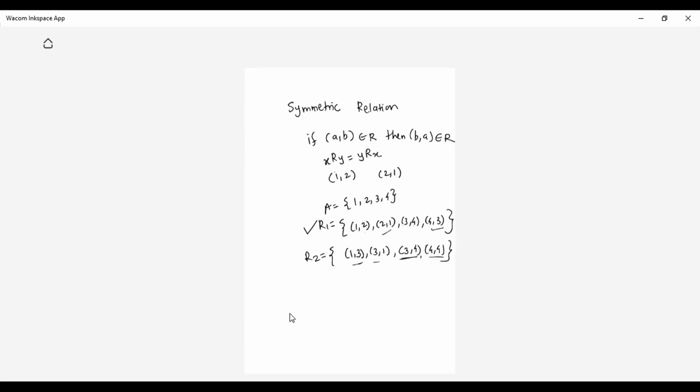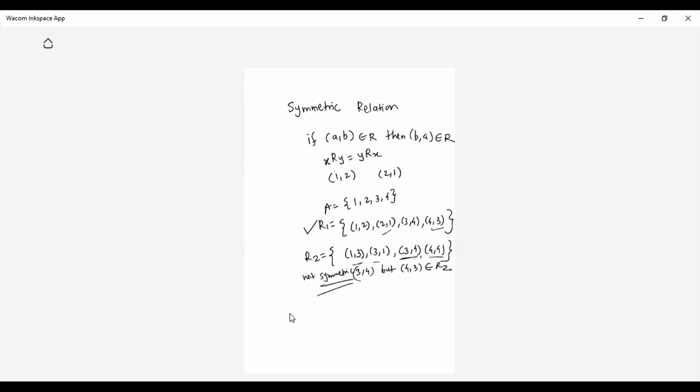But 3 4 is there, while 4 3 is not. So 3 4 is there, but 4 3 does not belong to R2, so it is not symmetric. This is how you have to write. I hope you have got the definition of symmetric.